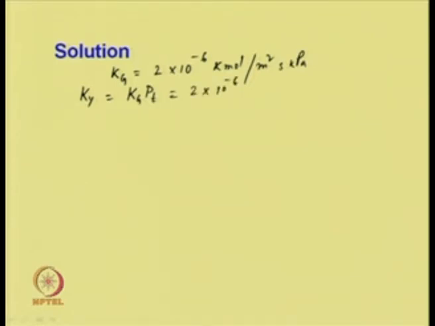Now, the data which is given is K_g is equal to 2 into 10 to the power minus 6 kilomole per meter square second kilopascal, and we know that capital K_y is equal to capital K_g P_t, which is equal to 2 into 10 to the power minus 6 into 101.3 kilopascal. 1 atmosphere is 101.3 kilopascal, which is equal to 2.03 into 10 to the power minus 4 kilomole per meter square second.